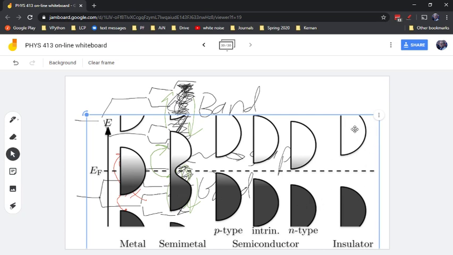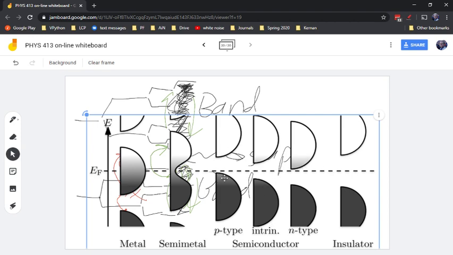Go over to the right. When you have an insulator, you've got the Fermi energy straddling between two bands. So you have a band well below the Fermi energy and a band well above the Fermi energy. And so it's really hard for an electron to get from this band across the Fermi energy up to this band. When you're trying to cross the Fermi energy and a gap, that's a problem for the electrons. And then we have these things called semiconductors. You're just looking at a smaller gap.